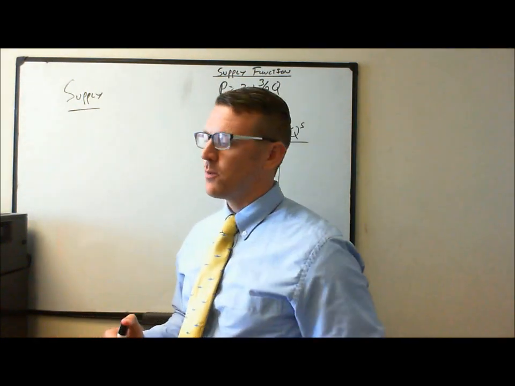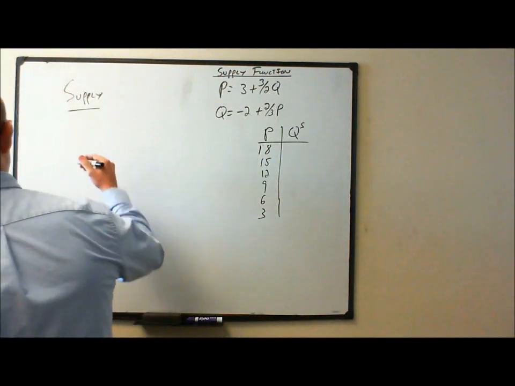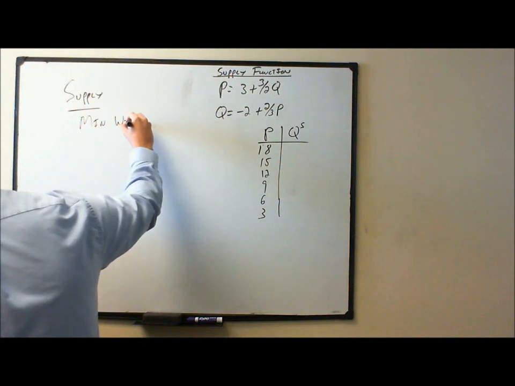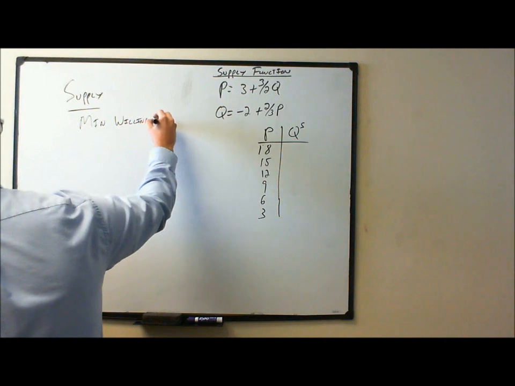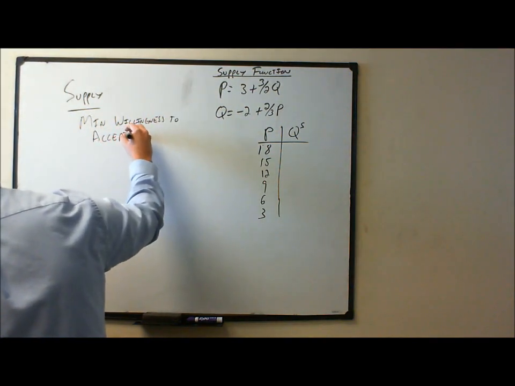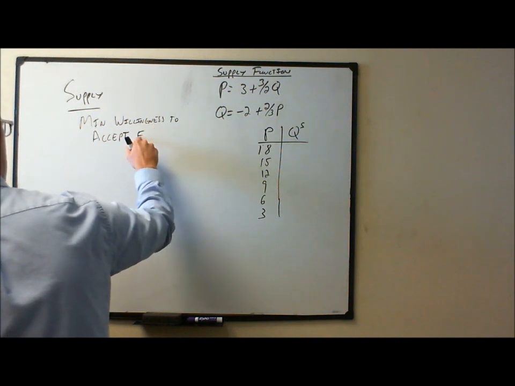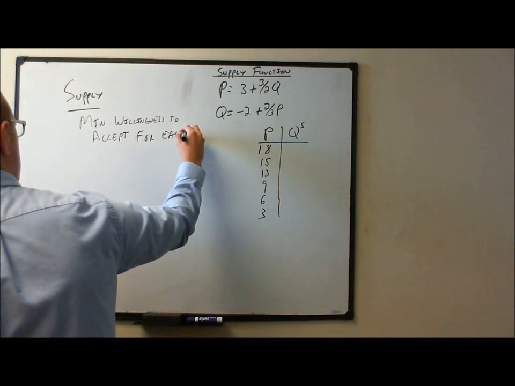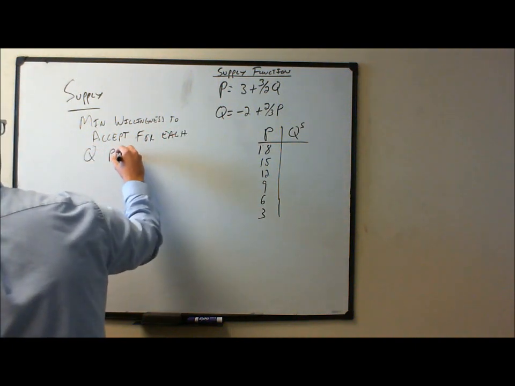Just like demand, there are two different ways to think about it. One way is the minimum willingness to accept for each quantity produced.